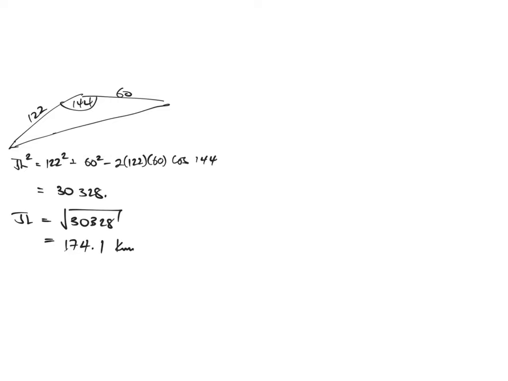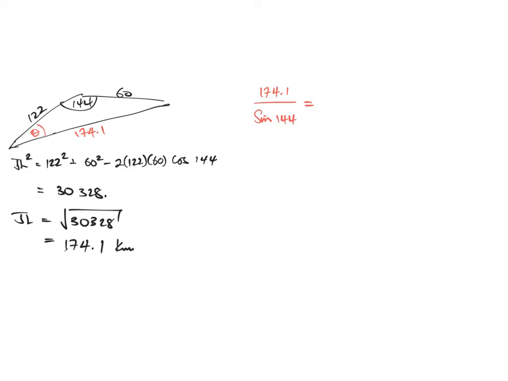Now, I've already sorted out this bit, and I know it's 174.1. I can now use the sine rule to find this missing angle in the corner here. I'll do the calculations in a different color so we don't get confused. So sine rule, I'll use 174.1 divided by sine 144.